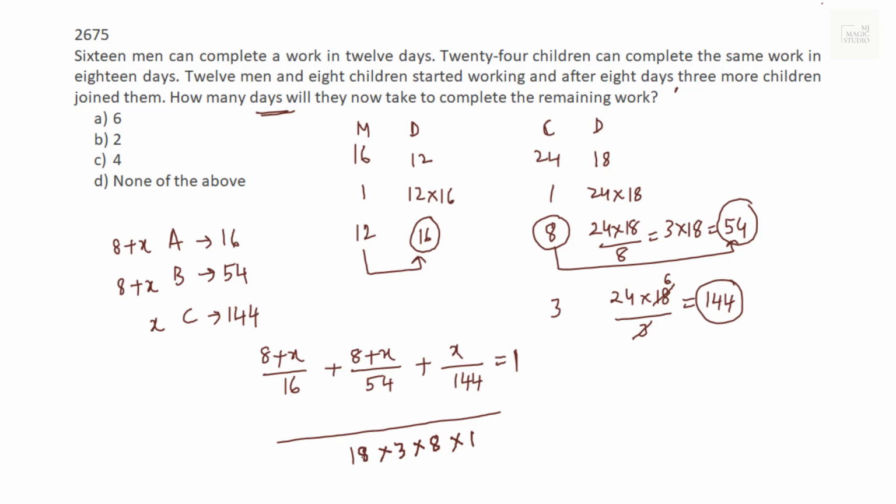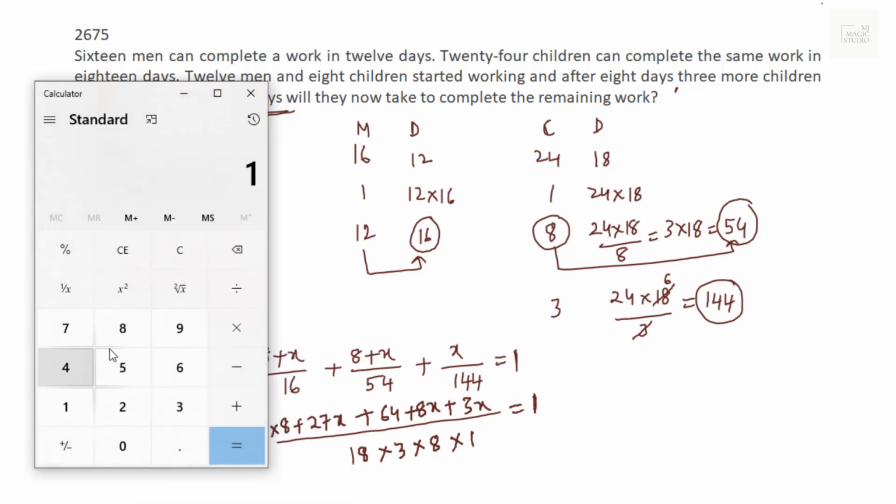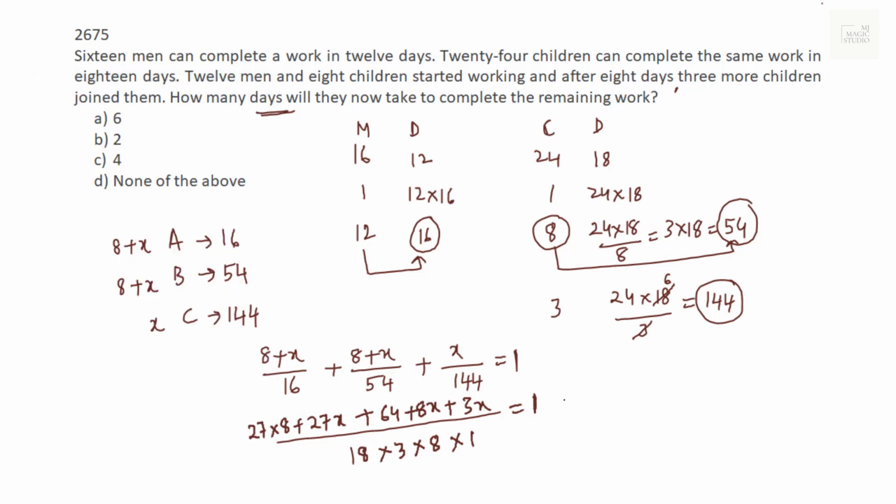Divide by 16, it would be 9 into 3, 27. 27 into (8 plus x) plus 8 into (8 plus x), that is 64 plus 8x, and now 144 is 18 into 8, that is 3x is equal to 1. So we have 18 into 3 into 8, that is 432.